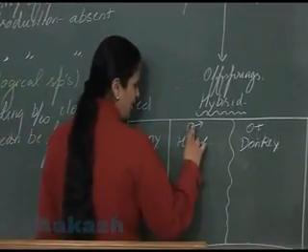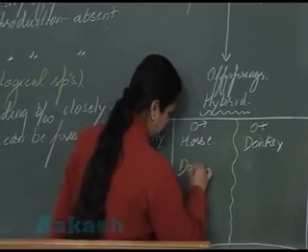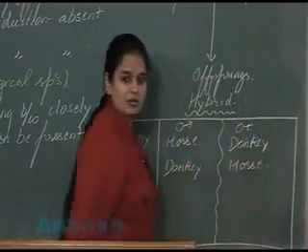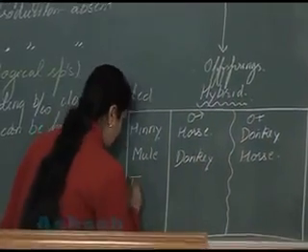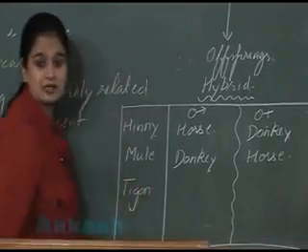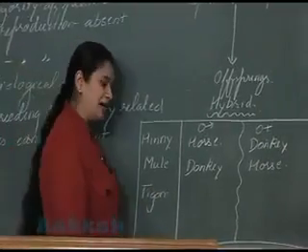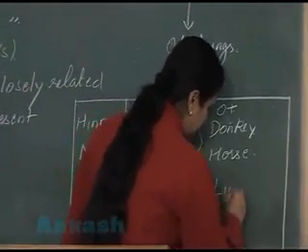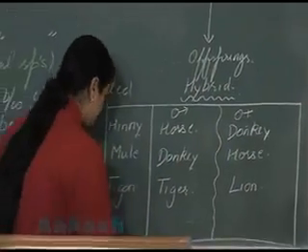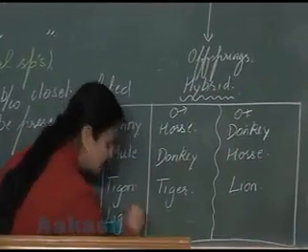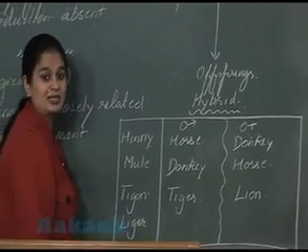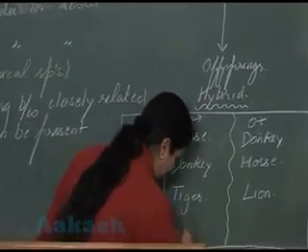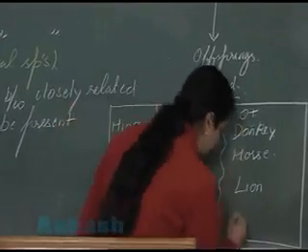It is a hybrid between male donkey and female horse. Another hybrid which is formed is tigon. Tigon is formed by crossing between male tiger and female lion. Last example I am citing here is liger. Now you can simply guess the parents in the liger. Yes, male lion and female tiger.